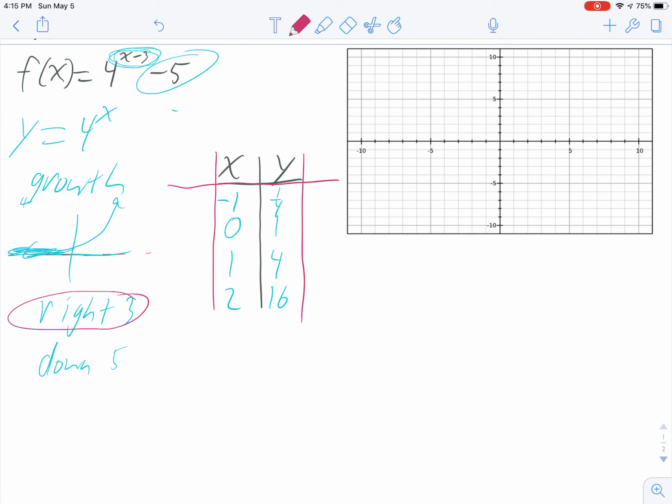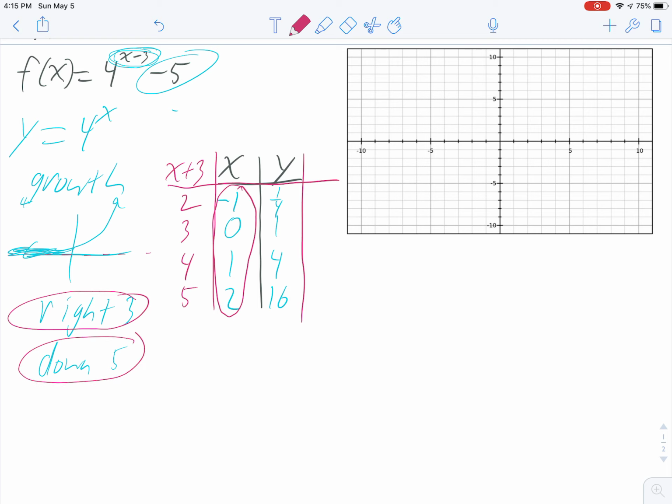So if you think about what would shift this graph right 3 units, it would be adding 3 to each x value. So that's what we're going to do. So negative 1 plus 3 is 2, 0 plus 3 is 3, 1 plus 3 is 4, and 2 plus 3 is 5. So those are my new x values after taking the parent function x values and adding 3.